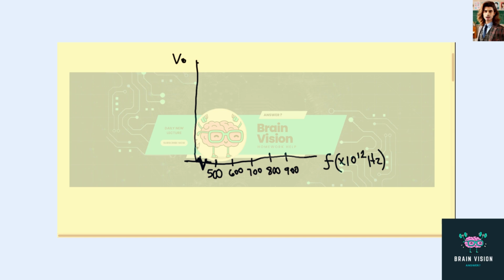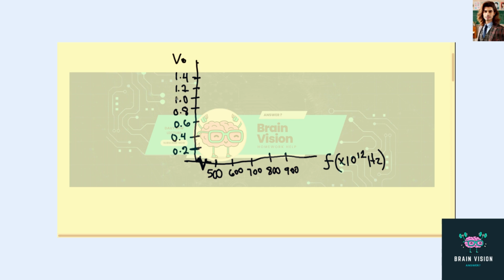The stopping potential goes all the way up to about 1.5 volts, and anything above 1.4 we'll just plot above there.